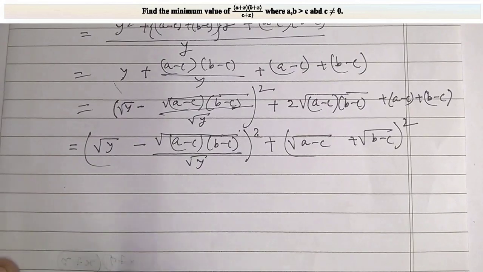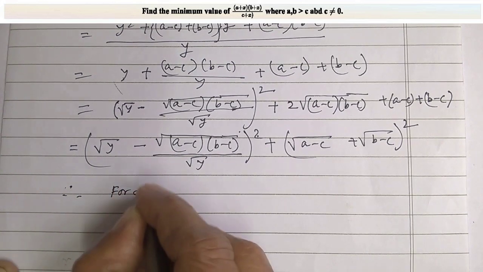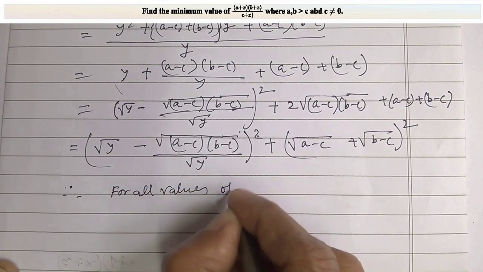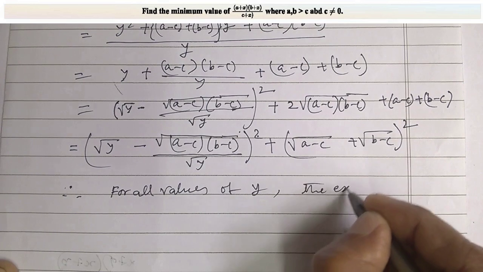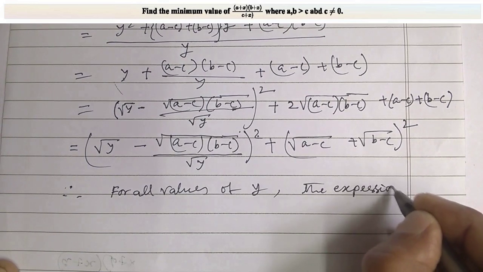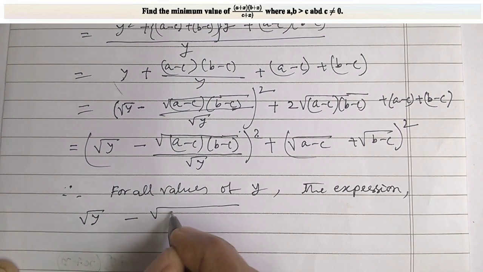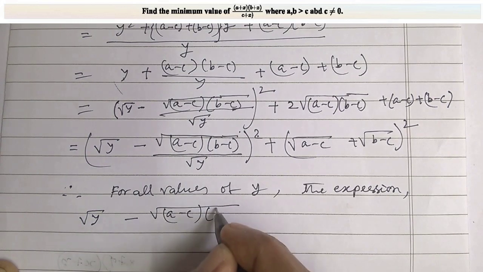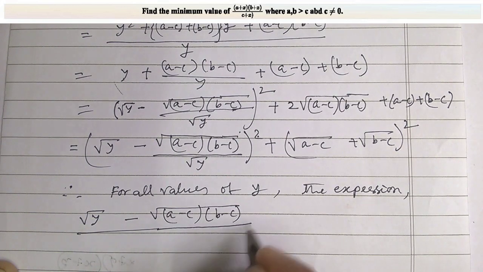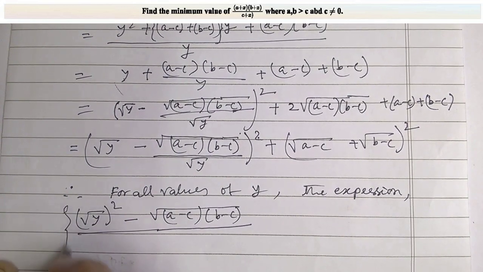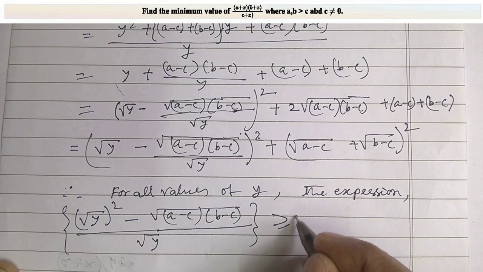So therefore, for all values of y, the expression root over y, so that square is greater than or equal to 0.